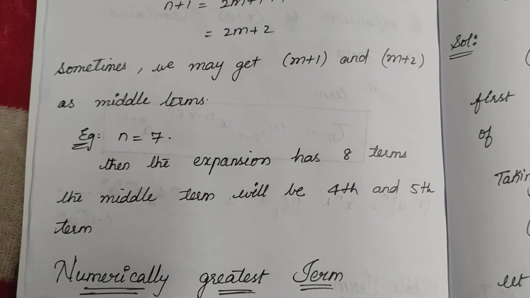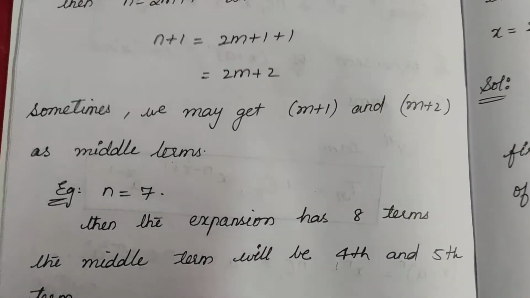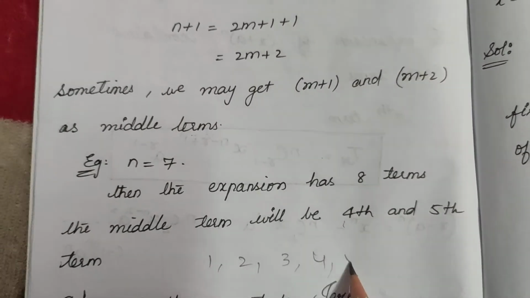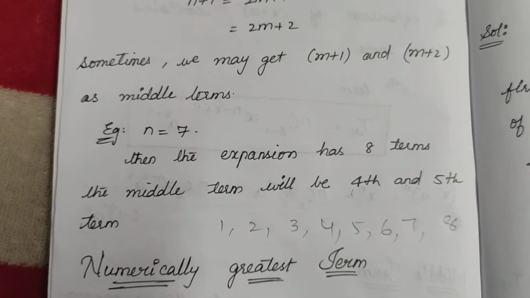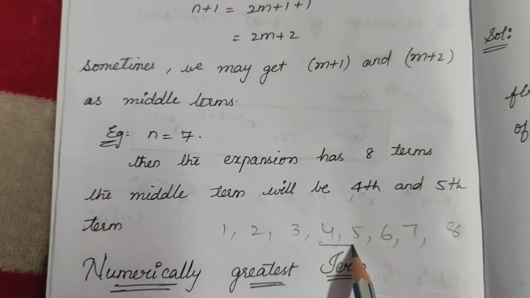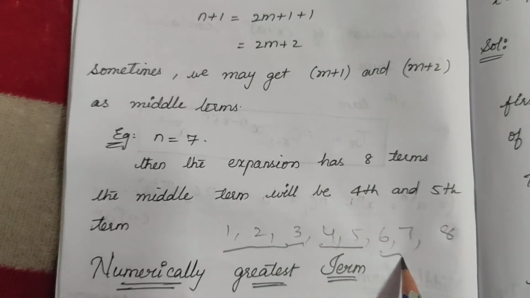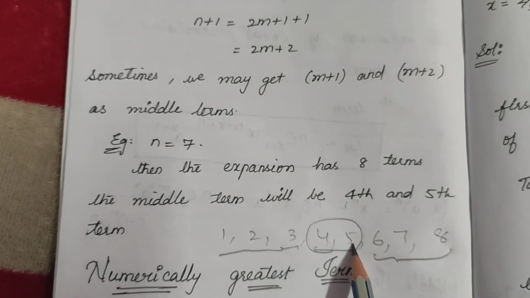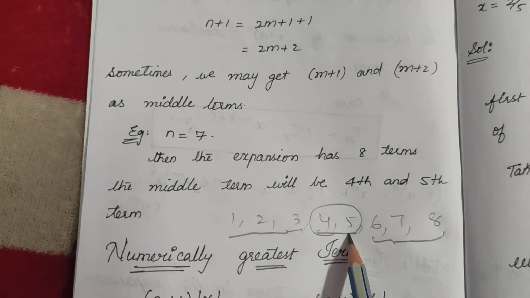So the middle terms will be the 4th term and the 5th term. See, if there are 1, 2, 3, 4, 5, 6, 7, 8, from this the middle terms are 4 and 5. If you leave 3 from the last 3, then the middle terms will be 4 and 5. You have to find term 4 and term 5 for this problem.